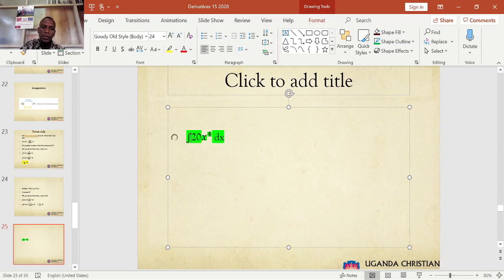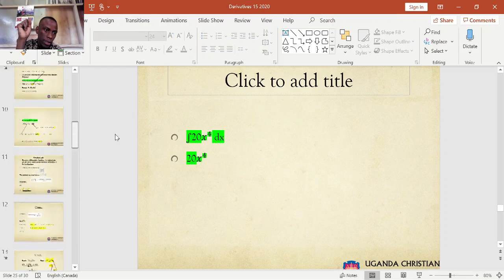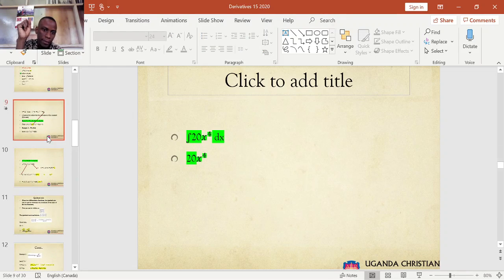I want us to solve this. We said the rule is simple: you add 1 to the power and you divide by the new power. So let's copy it and put that here.